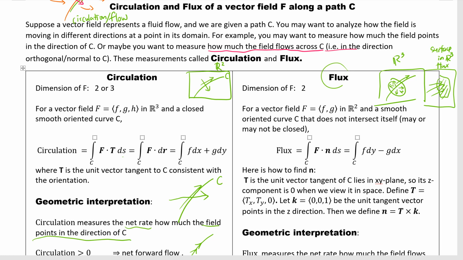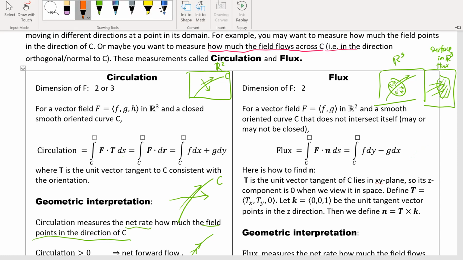So for flux, let's only define it in dimension R2. Okay. So for a vector field F = (F, G) in R2 and a smooth oriented curve C that does not intersect itself, which may or may not be closed, then the flux. Okay, so we have the curve, right? This is the tangent vector. Oh, sorry. I want to use the pink color to denote the flux.